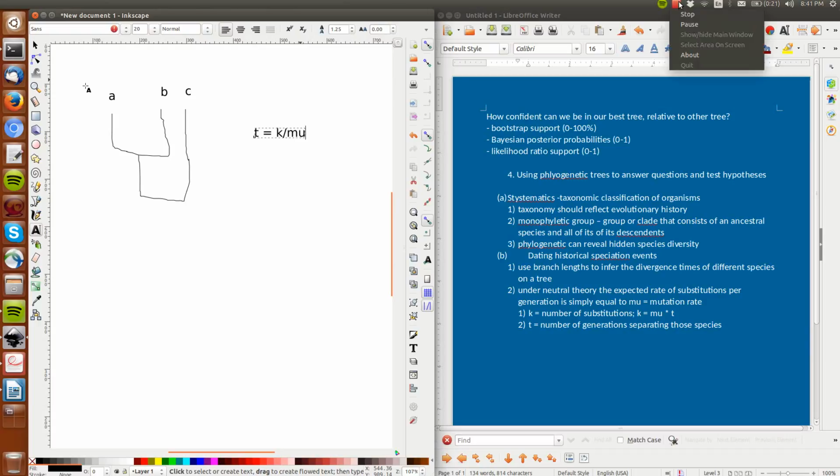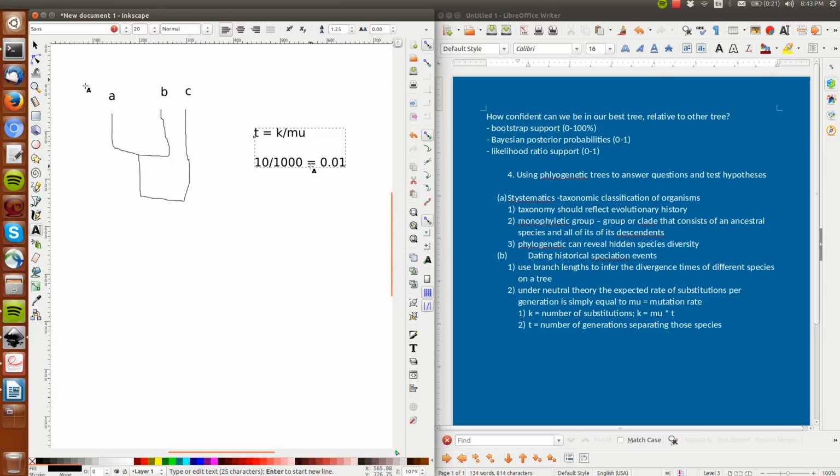So as an example, say I have a pair of species that differ by 10 substitutions total, out of 1,000 base pairs. Then the substitution rate per base pair is simply 10 over 1,000, or 0.01, which is k.